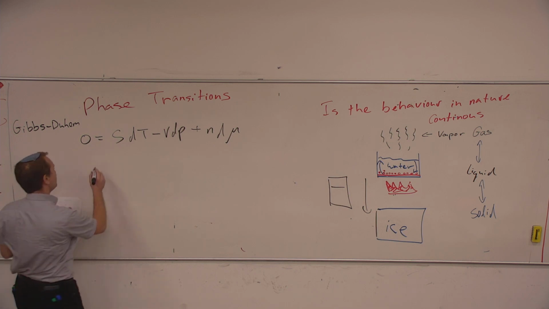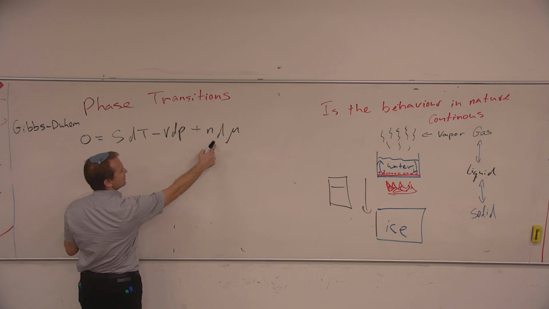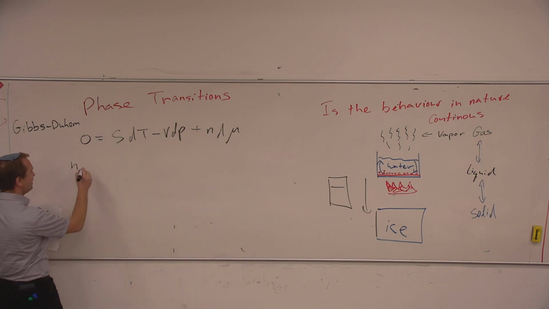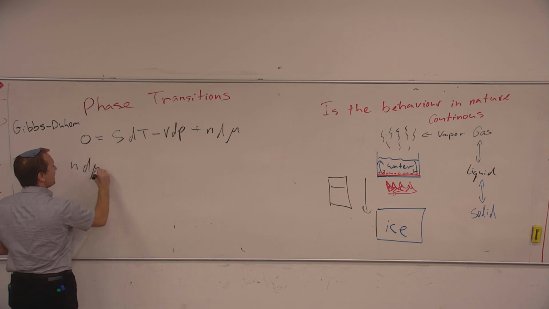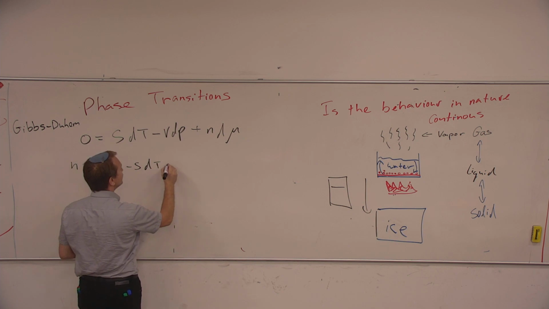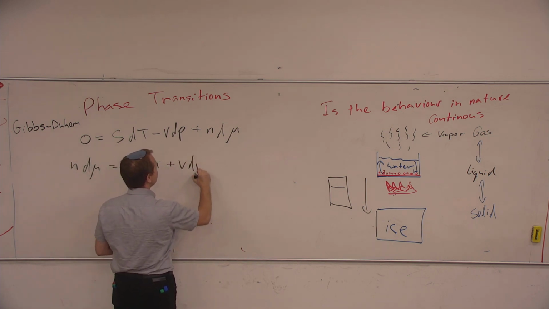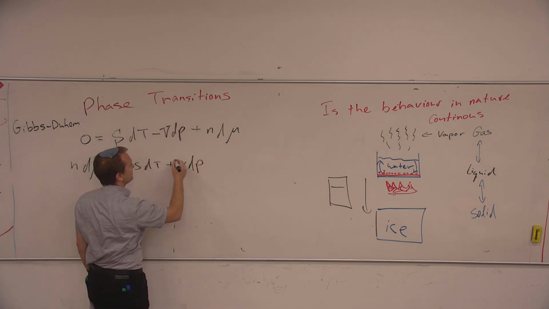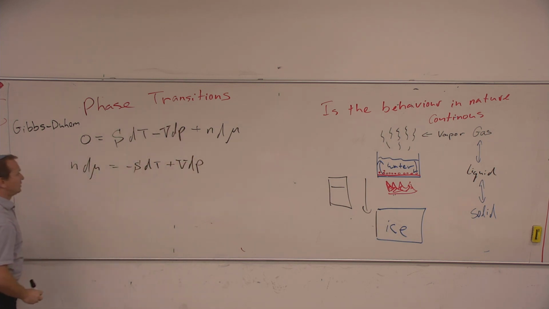Now, let's play with this a little bit. In thermodynamics, you're always playing with something and hoping for the best. So N d mu equals minus S dT plus V dP. Why does it equal 0?